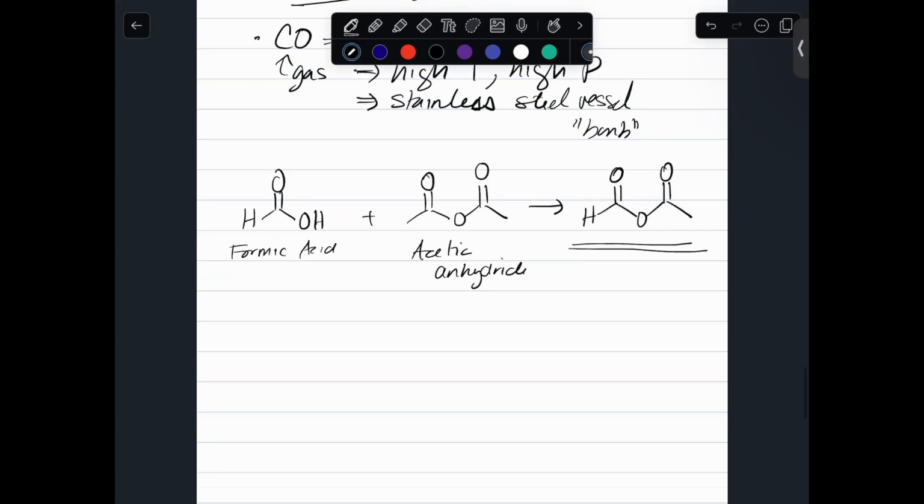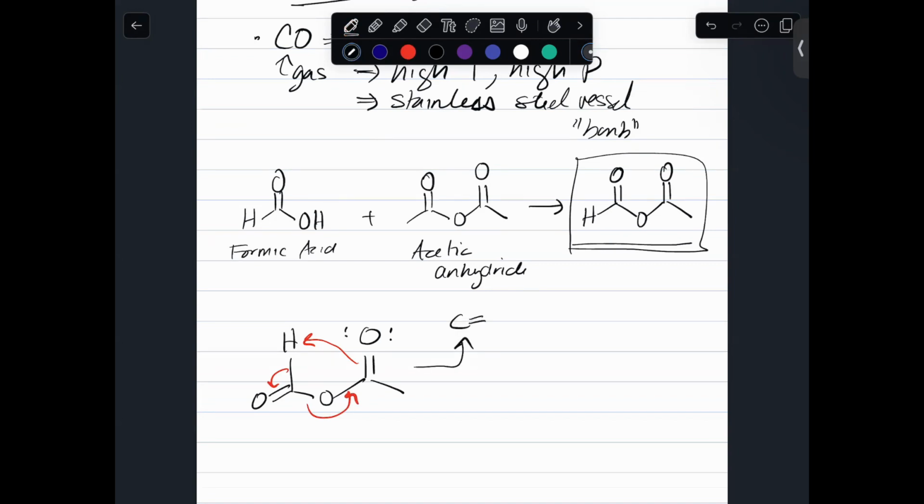You form this derivative, and if you just redraw it, what they found is that it rearranges to form carbon monoxide gas and acetic acid.